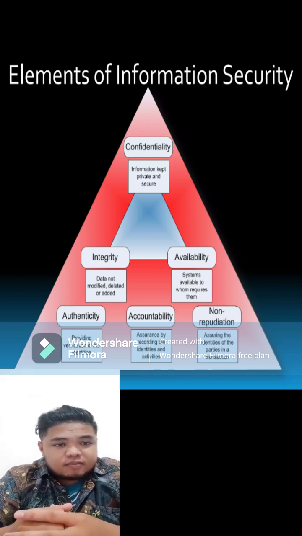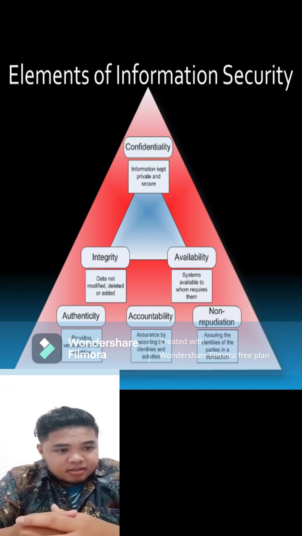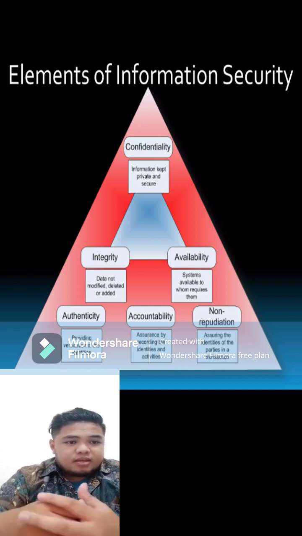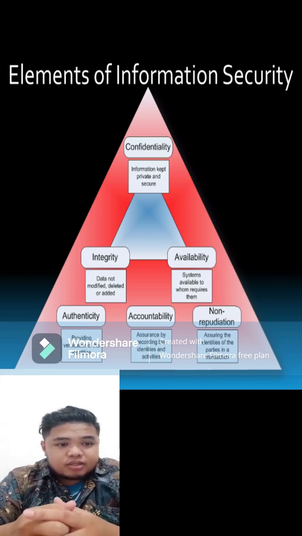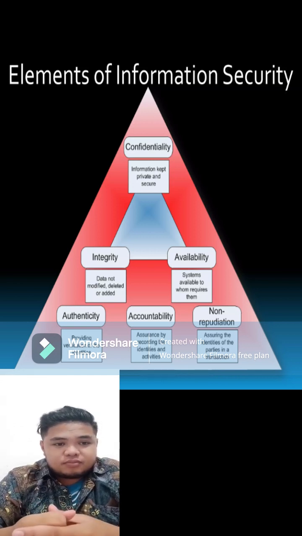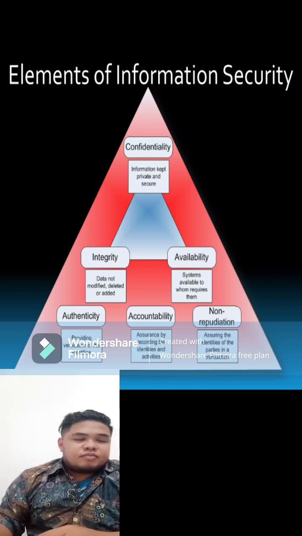Availability, the system is available to whom requires it. Integrity, data is not modified, deleted, or added. Authenticity, providing verification of identities. And accountability, assurance by recording the identities and activities. Non-repudiation, assuring identities of the parties and transactions.